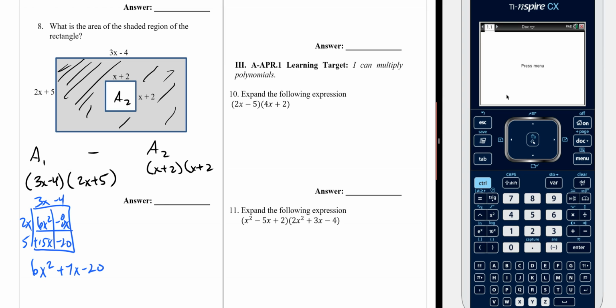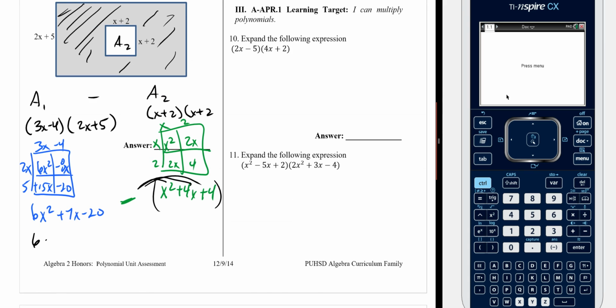And for A2, we've got x and 2, x and 2, so I get x squared, 2x, 2x, and 4, which gives me x squared plus 4x plus 4. And I'm going to subtract these two expressions. And similar to number 6 above, I need to make sure that I distribute that negative sign.